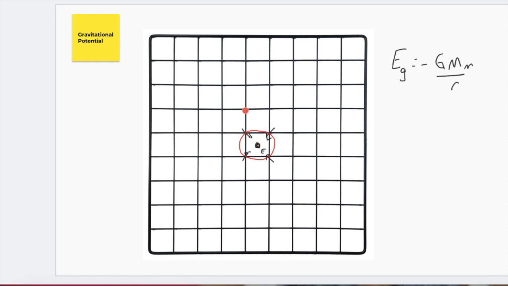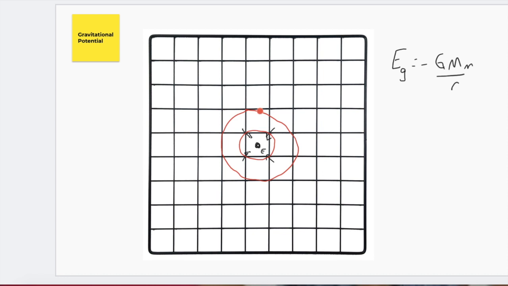And likewise, if I were a little bit farther away, maybe at the next nearest neighbors here, then anywhere on this one, you would be at the same. Well, I didn't draw that very well. You'll have to forgive me. All right, so this one, you would be at a very negative gravitational potential.